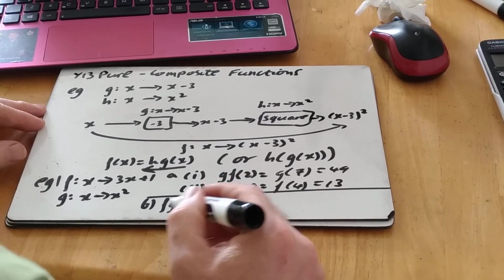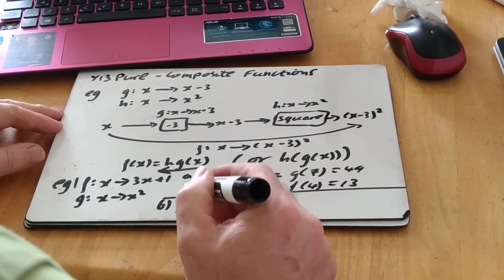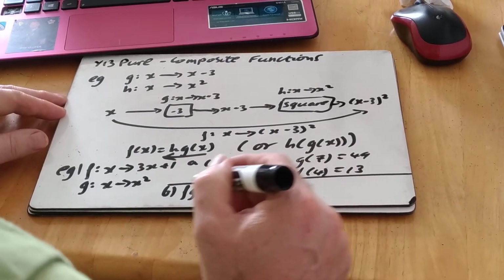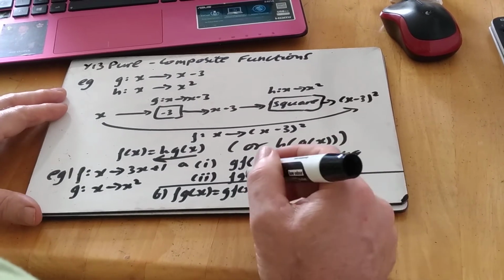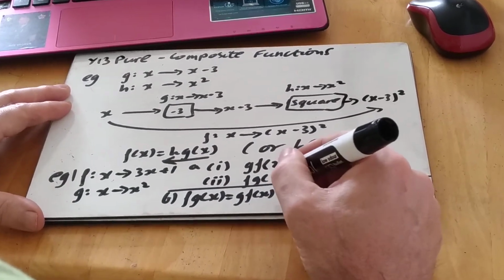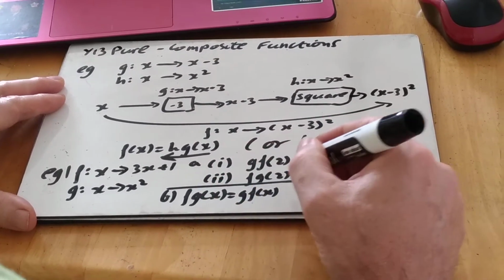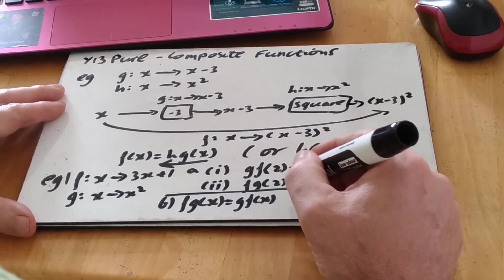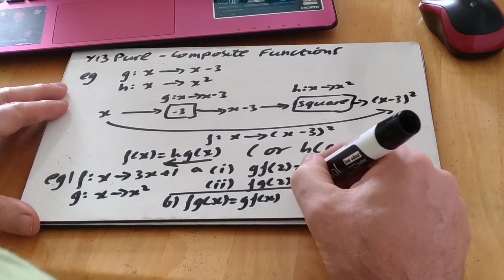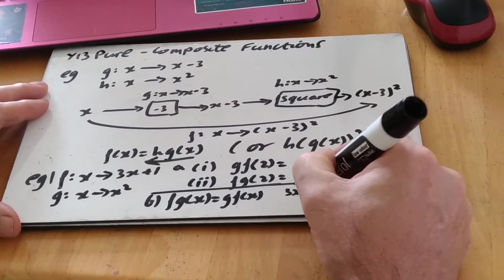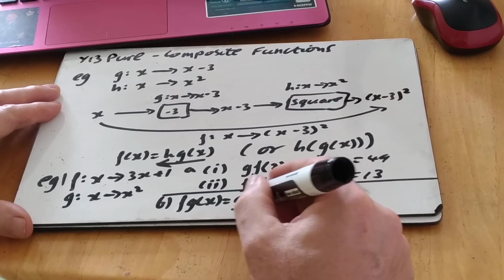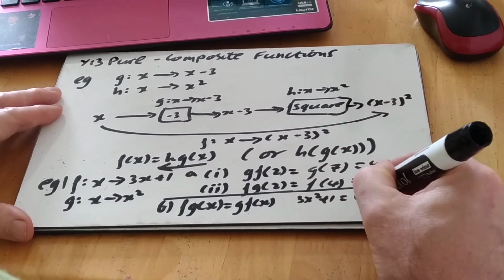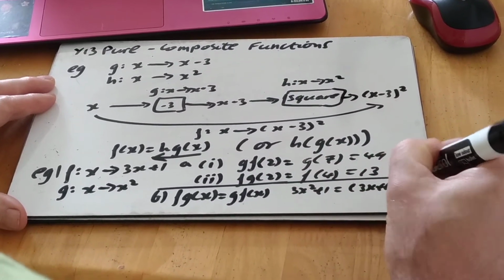Part B asked me what values are the same if I do f of g or g of f. Now, what I can do in this case is simply work out the function. So f of g of x is f, 3x plus 1, of x squared, so it's 3x squared plus 1, and g of f is squaring whatever f is, which is 3x plus 1 all squared.